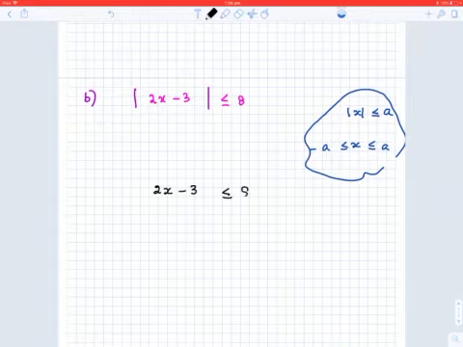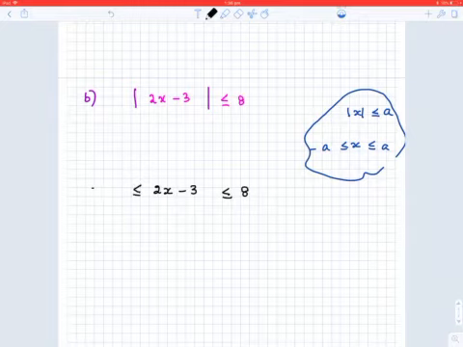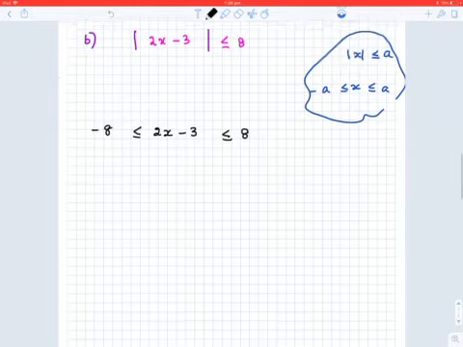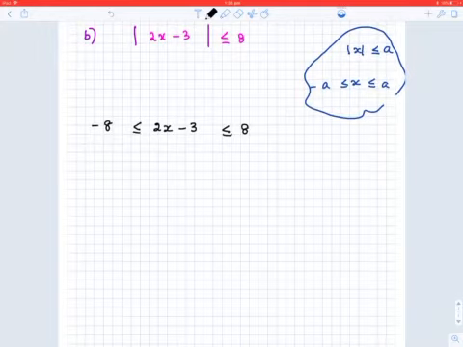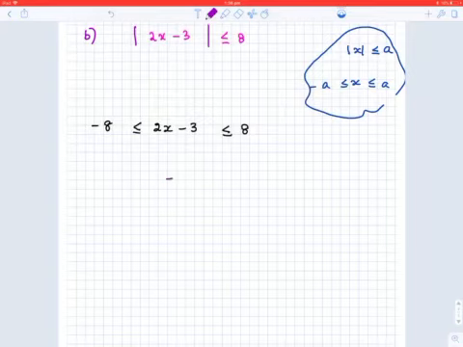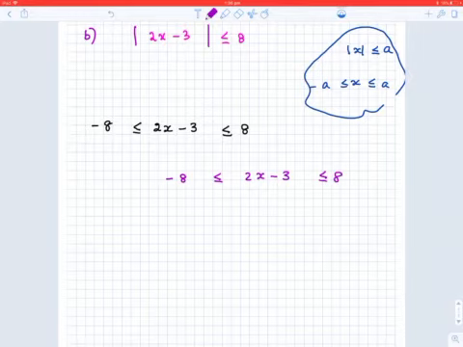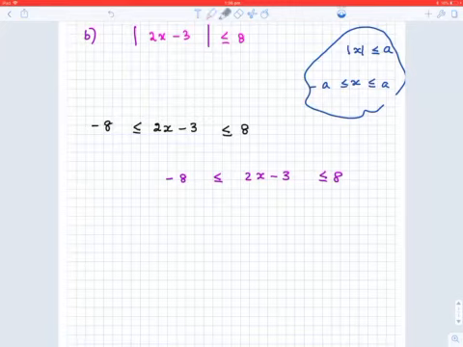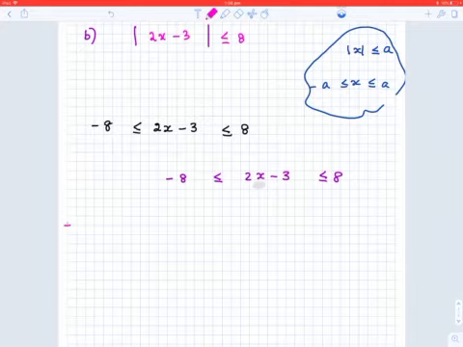This can be written as 2x minus 3 lying between minus 8 and 8. I'm going to rewrite it because there is not enough room: minus 8 less than or equal to 2x minus 3 less than or equal to 8.